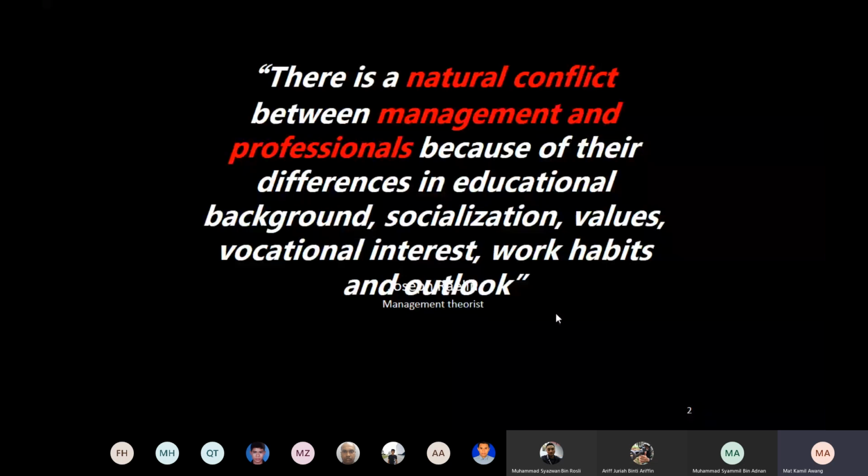But if you are in a normal university, the socialization pattern is also different between the engineering students and the business school students. The way they dress is also different.